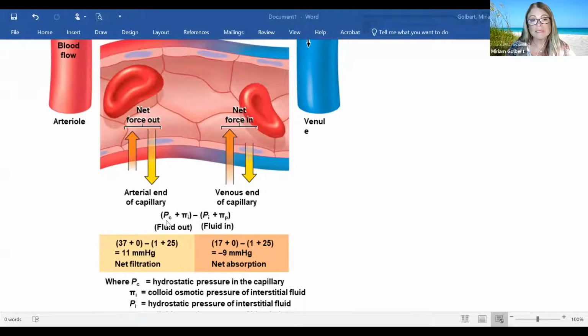So this is your PC in this formula right here. So PC, we call it hydrostatic pressure, but if you want to call it blood pressure, it's the same thing. They're calling it hydrostatic because hydrostatic means water. And as you know, most of our blood is water. So that's why they're calling it hydrostatic pressure. But you can call it blood pressure as well, right?